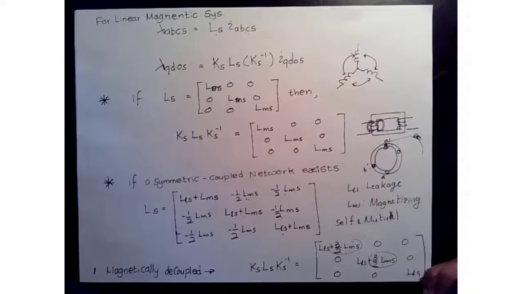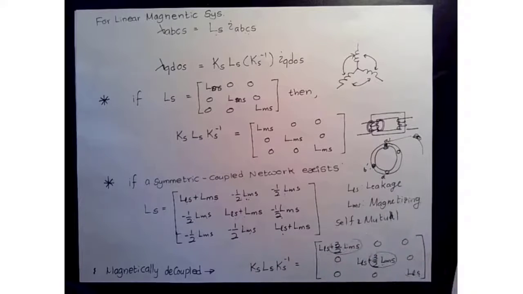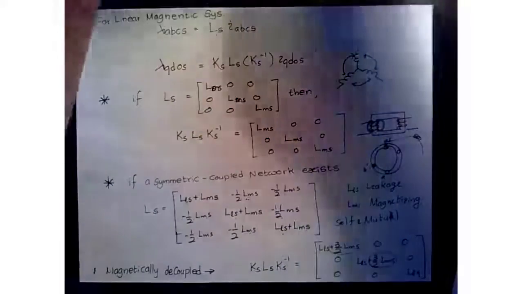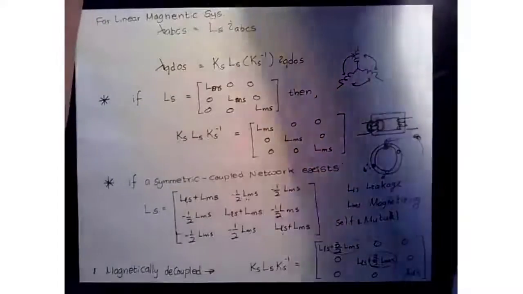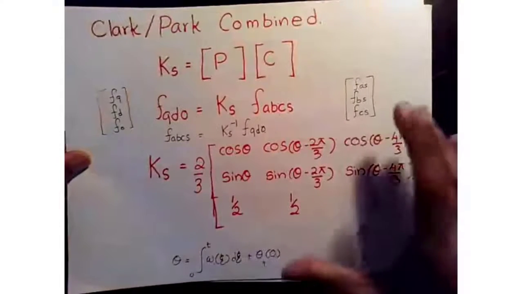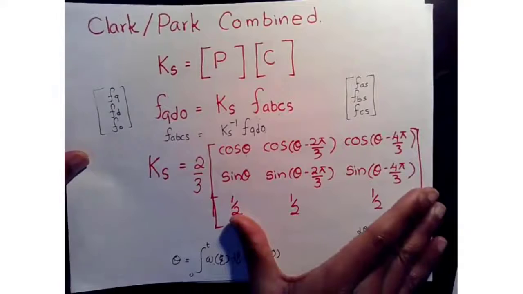So we talked about quite a bit here, starting from our transformation. Let's go back for a little bit of a review before we wrap up for today. We basically looked at our Clarke and Park transformations, and then we said we can combine the two into one matrix here.